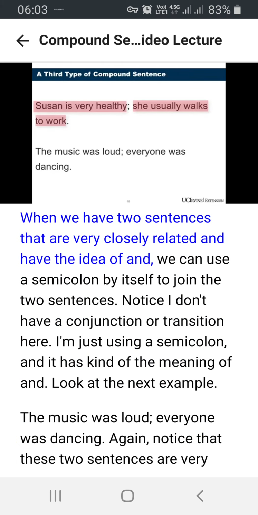When we have two sentences that are very closely related and have the idea of and, we can use a semicolon by itself to join the two sentences. Notice I don't have a conjunction or transition here. I'm just using a semicolon, and it has kind of the meaning of and. Look at the next example. The music was loud.